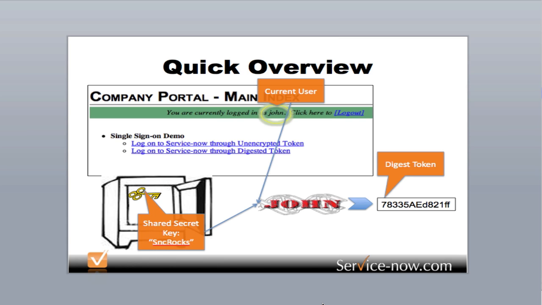With the Digest Authentication scenario, the company portal will combine the user that is authenticated with the shared secret key. They're going to digest that username through the shared key to generate a digest token.